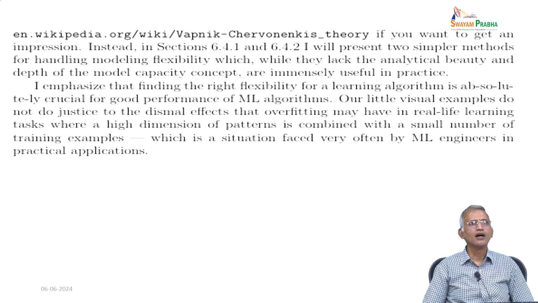Check out the website if you want to get an impression. In the next section we will present two simpler methods for handling modeling flexibility, which lack the analytical beauty and depth of the model capacity concept but are immensely useful in practice.